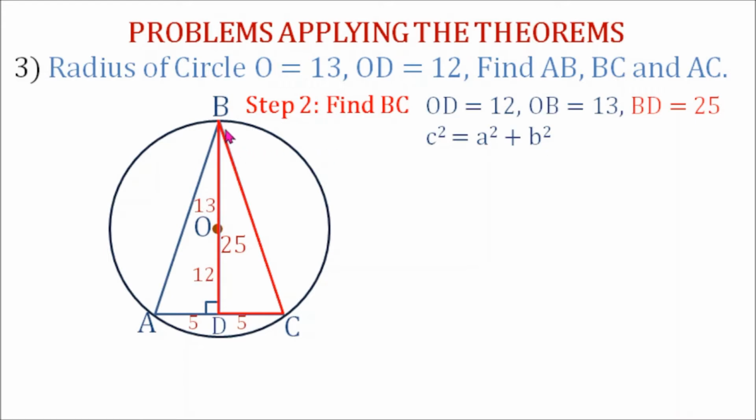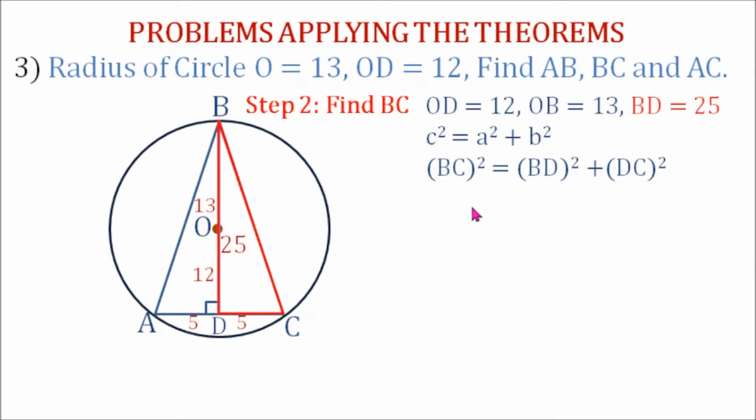So our C here, or the hypotenuse, is this side, side BC. And we can assign side BD as our A and side DC as our B. So we have side BC squared equals side BD squared plus side DC squared.